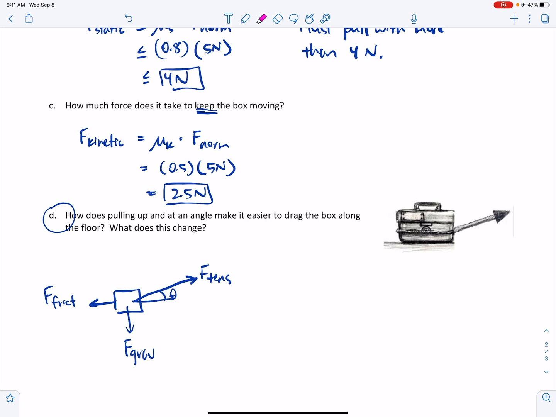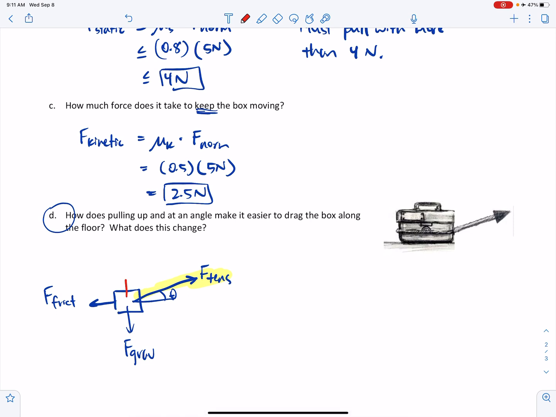But here's the thing. Since this tension force is pulling up at an angle, it has some vertical component, right? Some of it is pulling upwards. And so as a result, the normal force, which like before was maybe this much, and I'm trying to show that as equal to the length of the force of gravity, well, the normal force isn't going to be as strong.